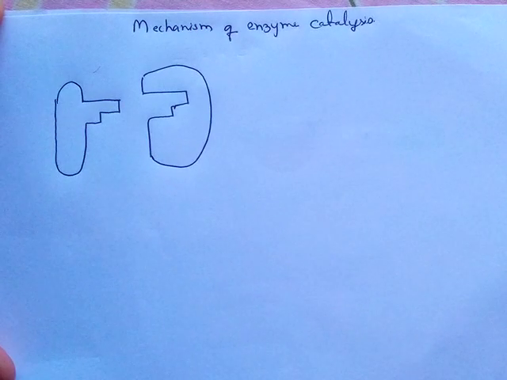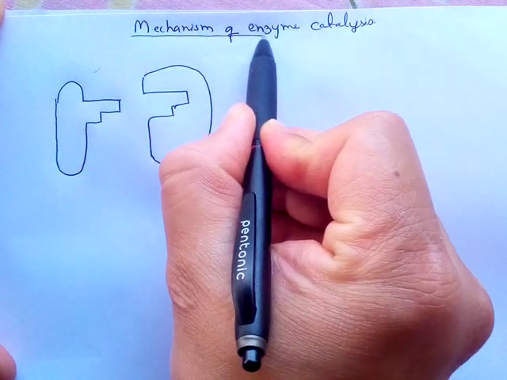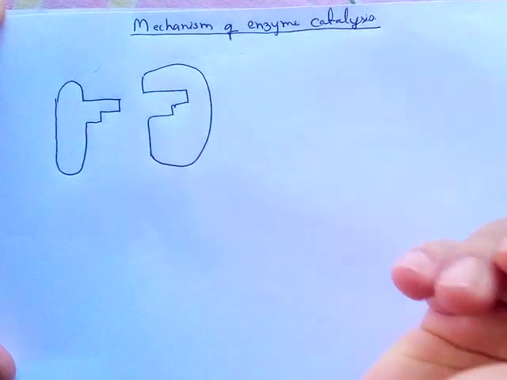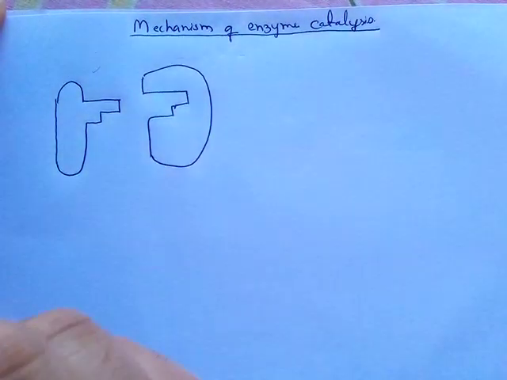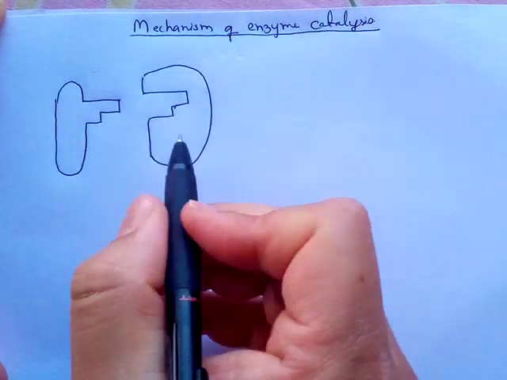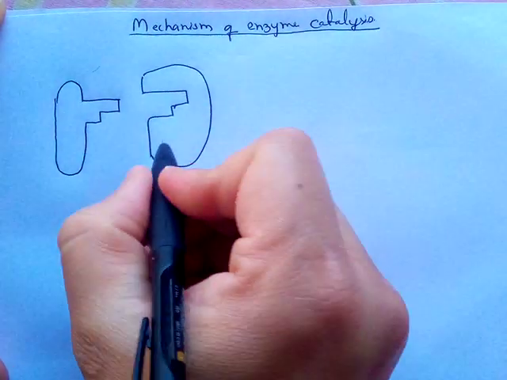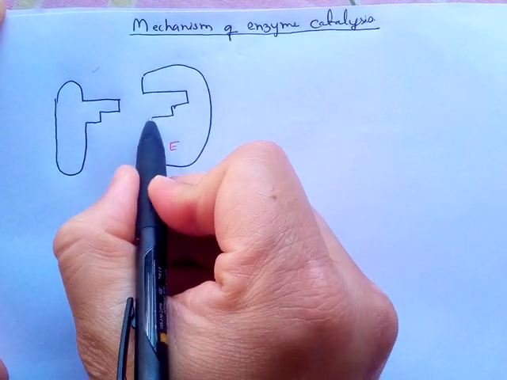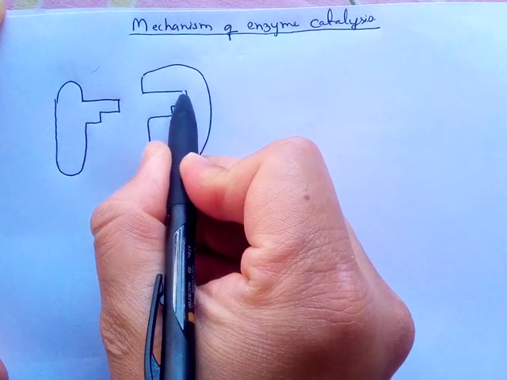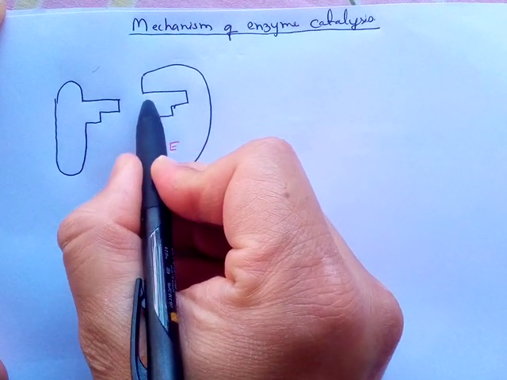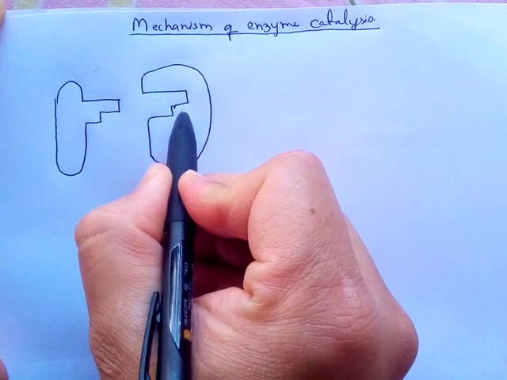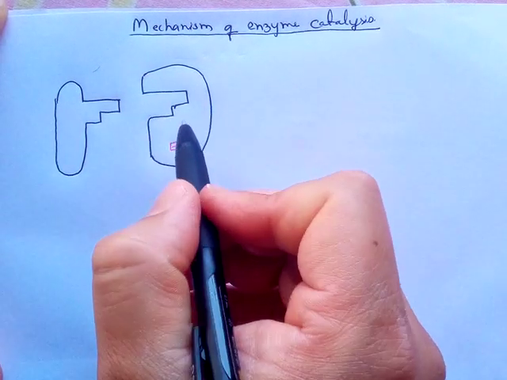So here we'll discuss the mechanism of enzyme catalysis. Normally it has been said that enzymes have cavities. So the cavity has some active sites, and they have some functional groups present in the cavities. They bind the substrate.